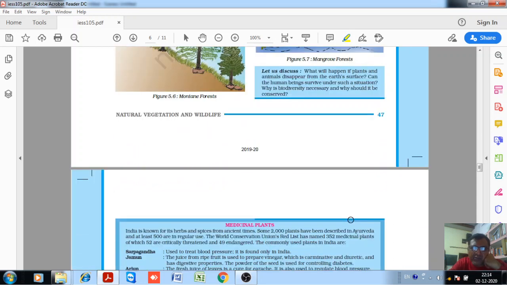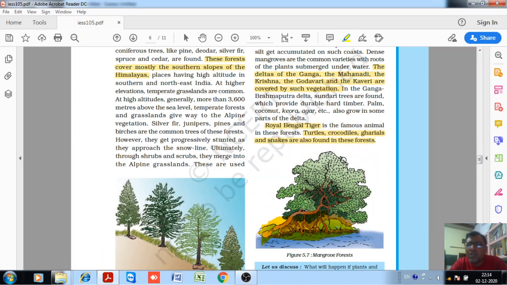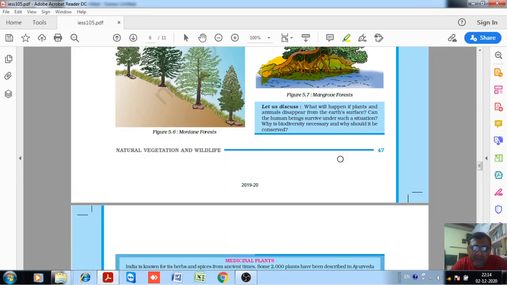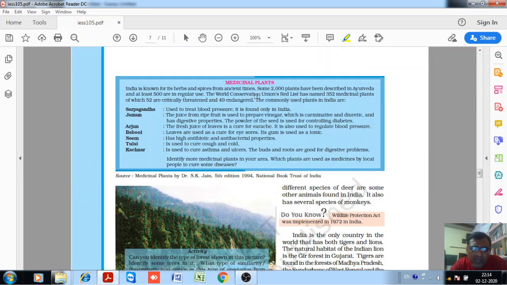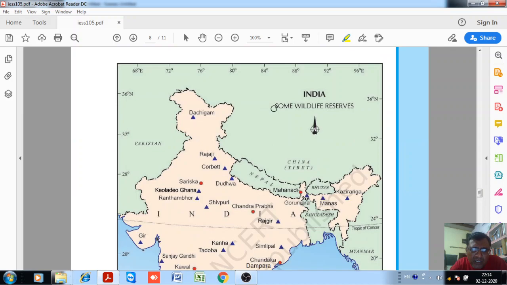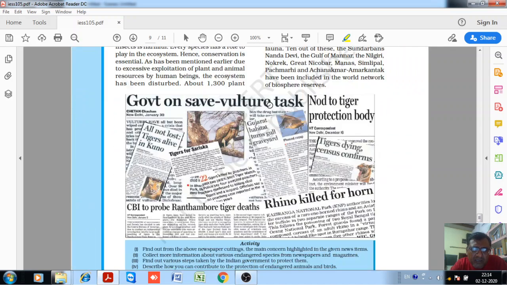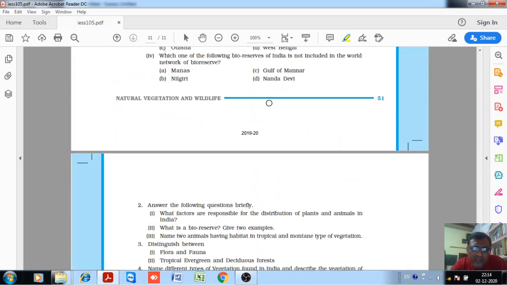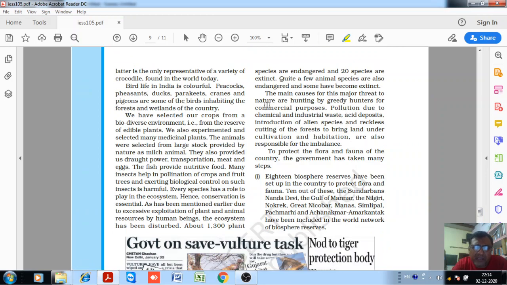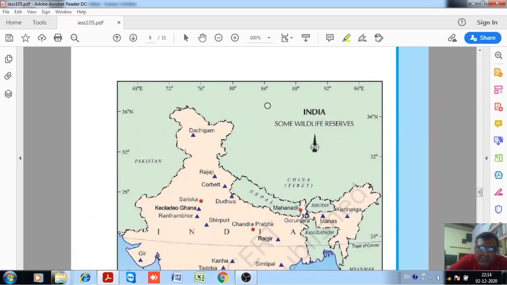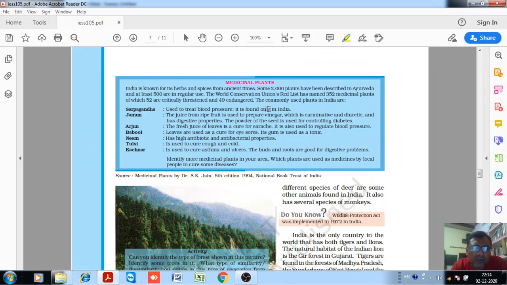So in this way you have covered these different types of forests. Now the last topic is about the medicinal plants.